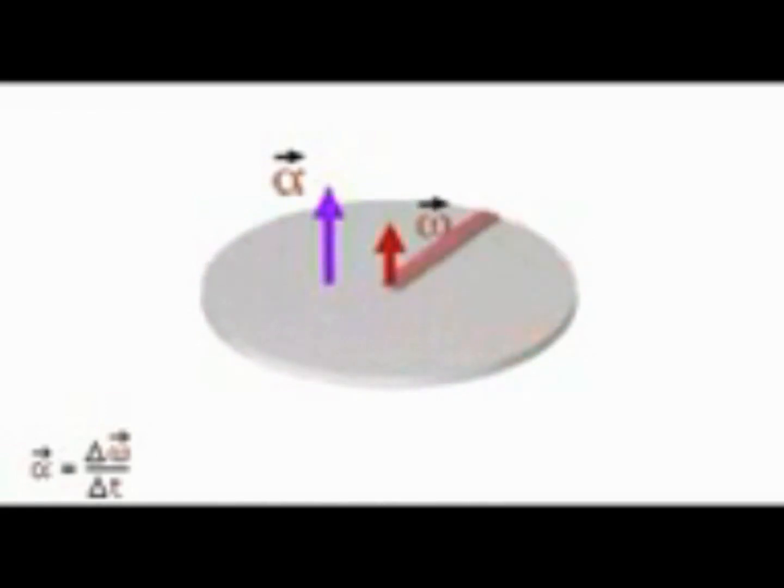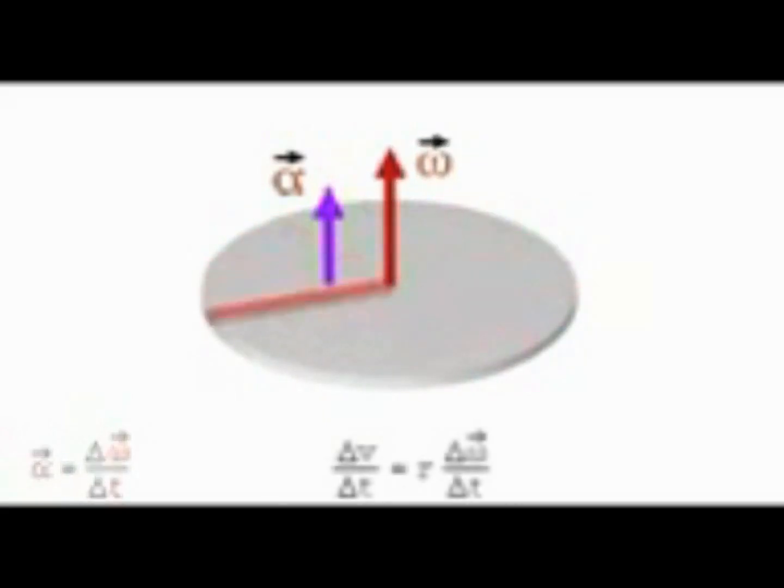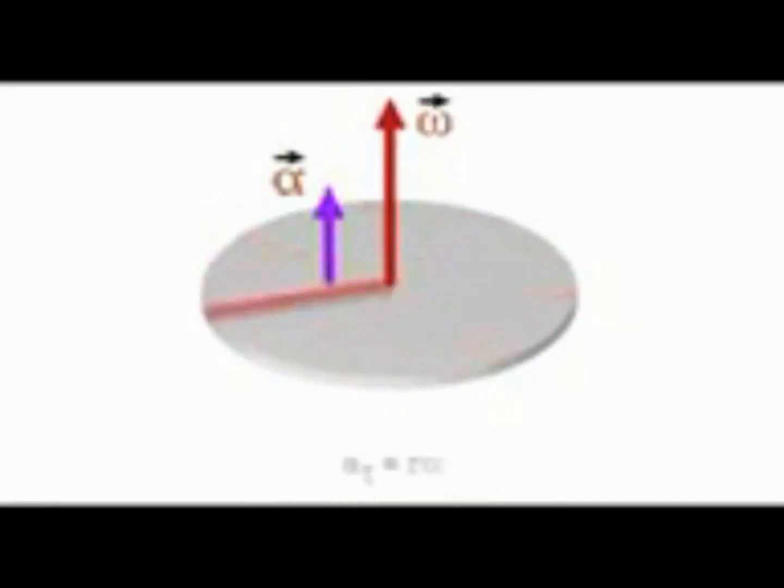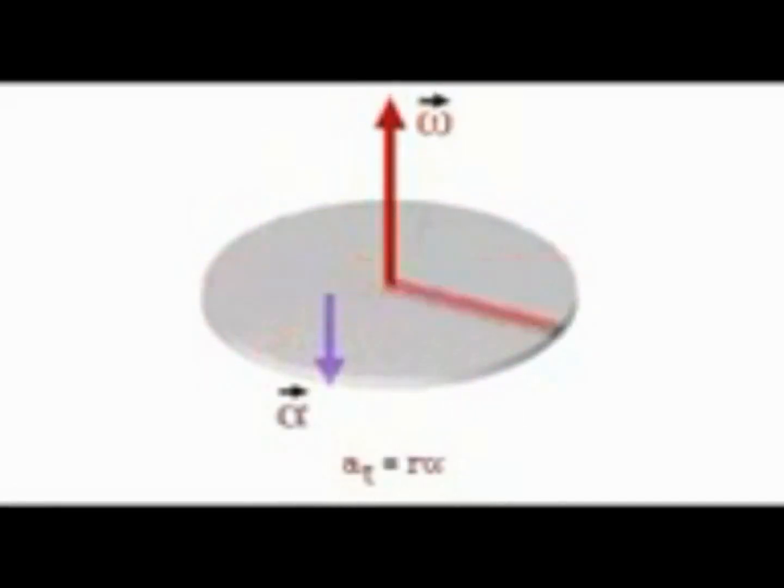So this is a neat simulation of angular acceleration. Notice how the omega vector, the angular velocity vector, is increasing. Its magnitude is increasing as the disk accelerates. It's turning faster and faster, and that's why the alpha angular acceleration vector is going straight up in the same direction as the velocity vector. Now it's slowing down.